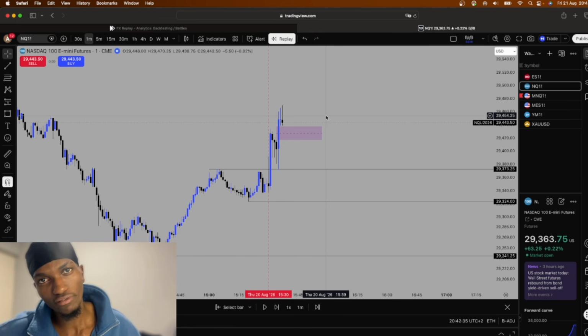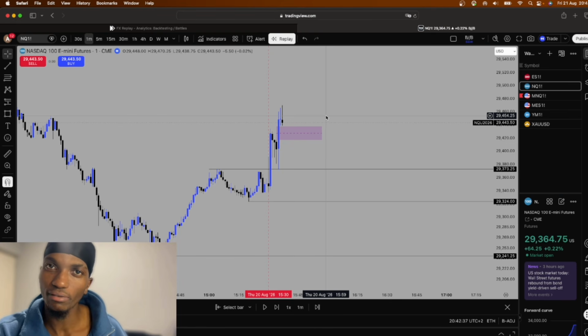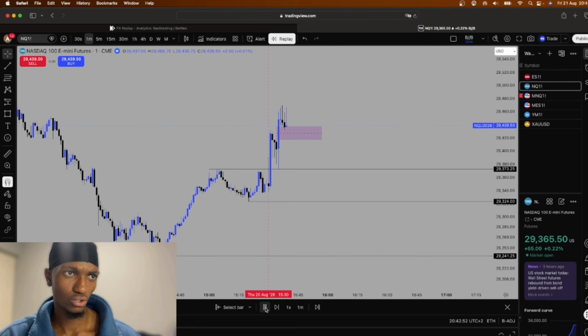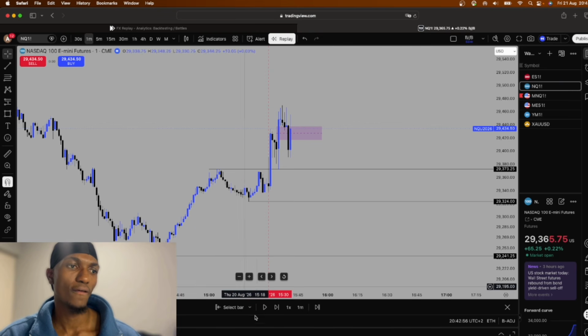Okay, if we invert this, that will be a change in market structure, and inverse fair value gap is one of the confluences used for that. So not yet. Boom. Pause.